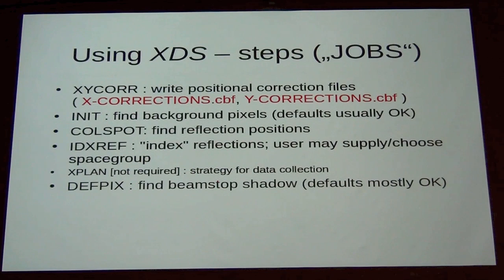This is done normally for the first 5 degrees of data, and this list of pixels is simply only used for scaling frames relative to each other. So the first scaling is done based on background counts only. And that already compensates for fluctuations in beam intensity, and also the volume of crystal in the beam.